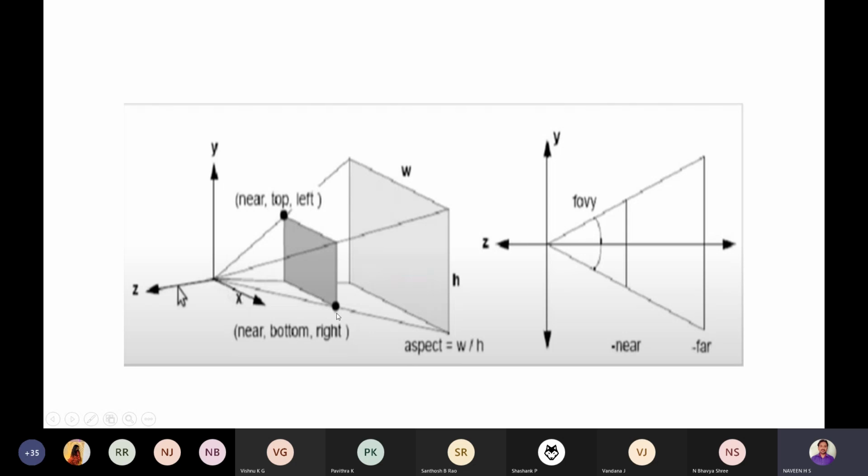If you come to this point, this will be bottom, right side, and again this will be the near with respect to origin. So what is the distance from here to here? Like that we are going to identify our vertices for any object, whatever we are going to draw.